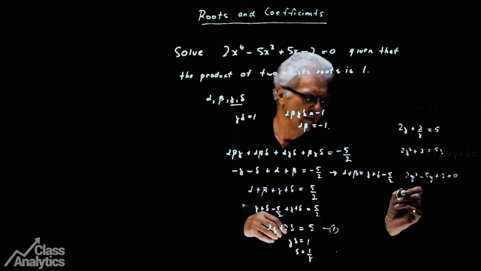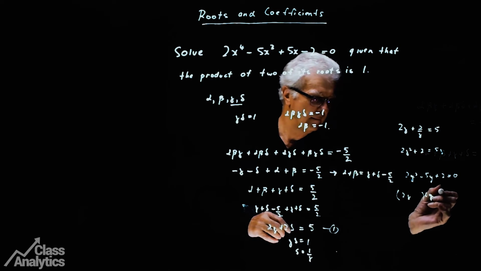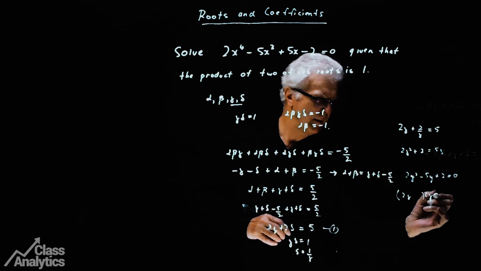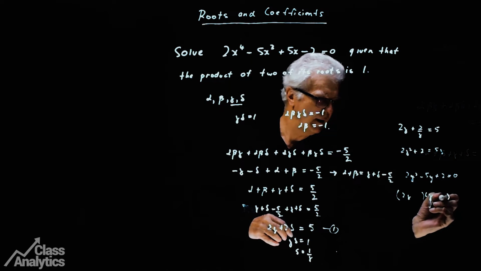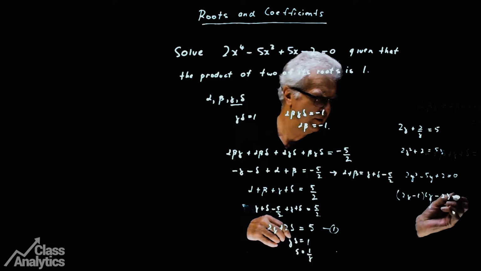So that's going to give me 2 gamma, and gamma, like a Y. We'll need a 2 there, that means 1 there, equals 0.